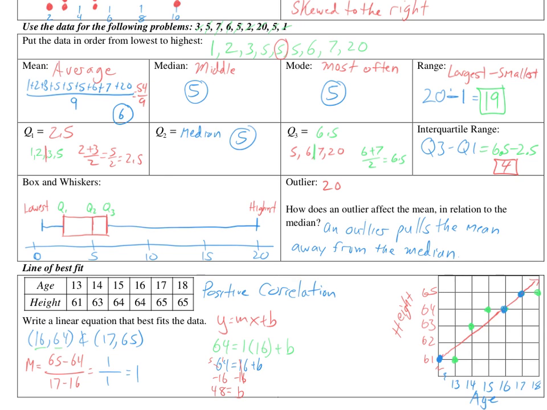So my equation is going to be y equals 1x plus 48. Wait, are you minusing 18 by the other side, or is that 16? So I'm minusing the 16 over. Oh, okay. And I get 48. So I start with x, y, and m, find b.